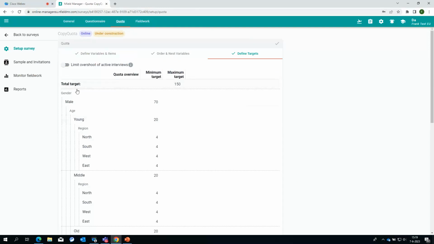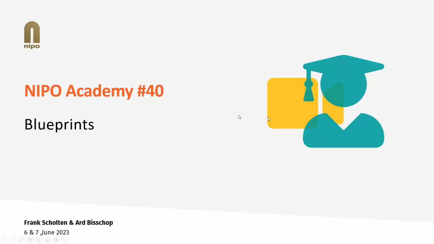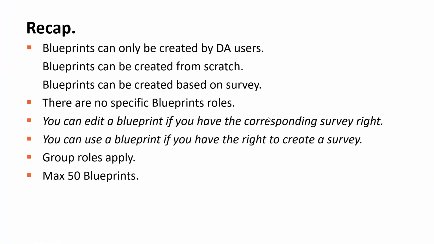Yeah. So let's go back to the presentation. So the recap. Blueprints can only be created by a DA user, as said. Blueprints can be created from scratch. I demoed that. Blueprints can be created based on a survey, which I also demoed.